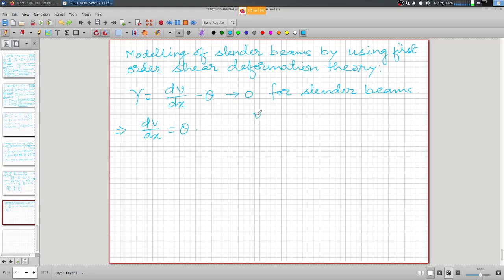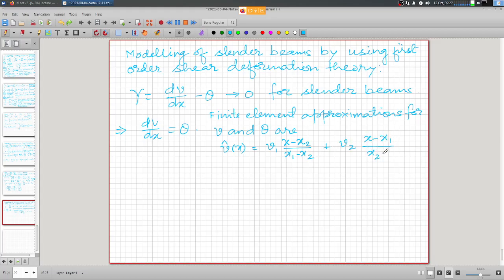We have approximated, in finite element approximations for V and theta, V hat x is equal to V1 times x minus x2 divided by x1 minus x2 plus V2 times x minus x1 divided by x2 minus x1.